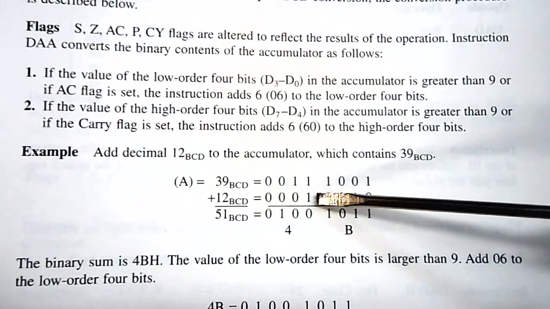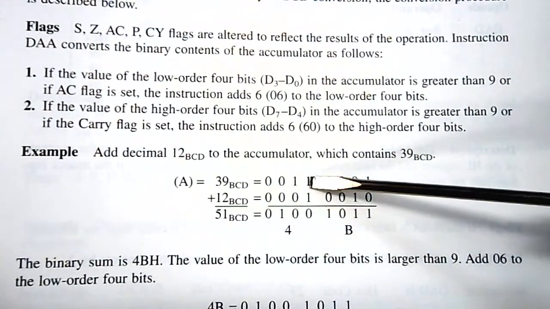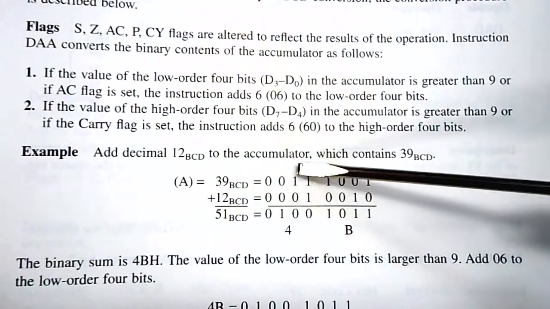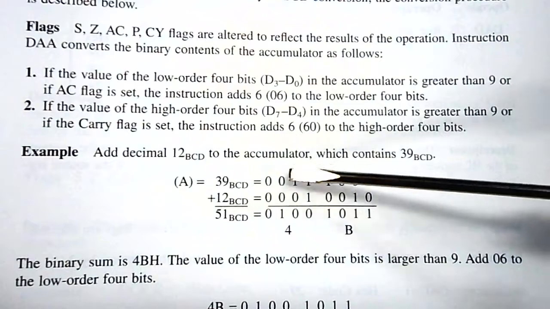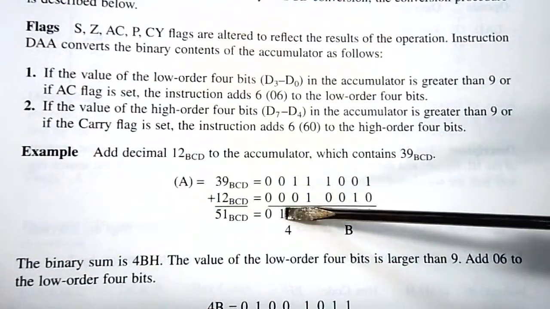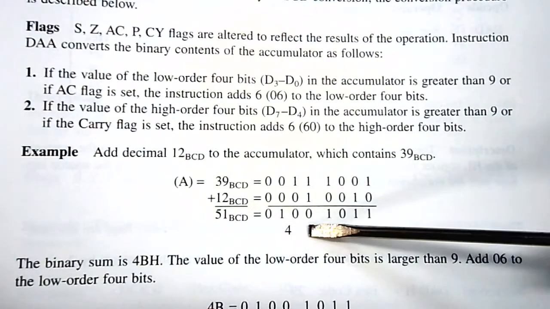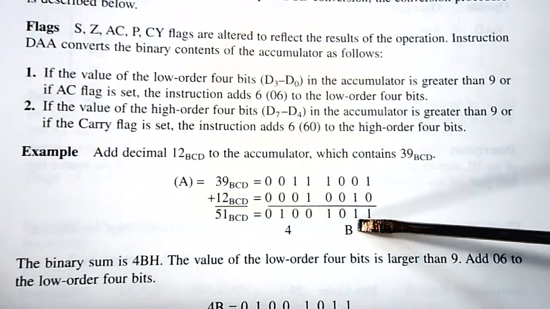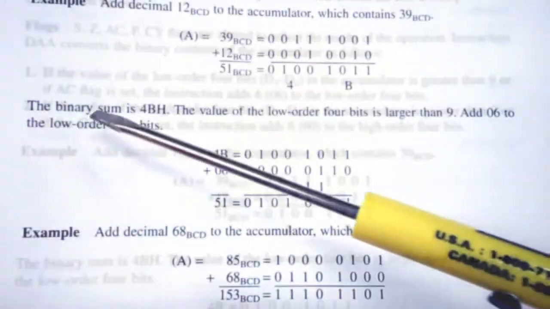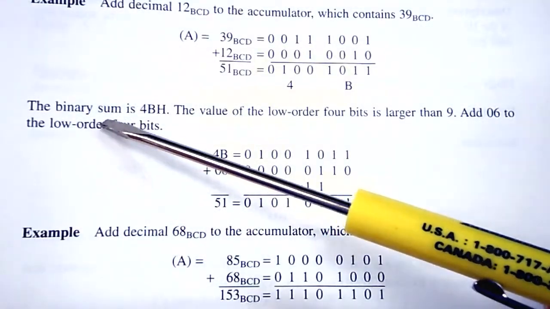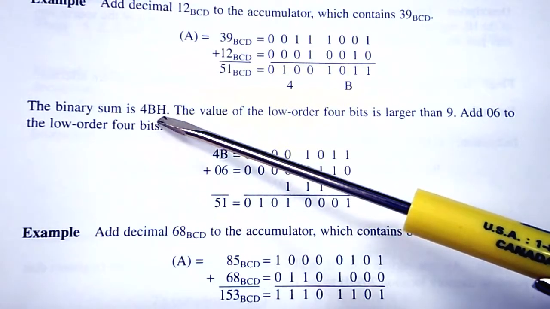So looking at the high order bits, we can see 1 plus 1 is 0, carry the 1. 1 plus 1 is 0, carry the 1, and then 1 plus 0 is 1, and then 0 plus 0 is 0. So on the high order bits, we can see we have the number 4, but on the low order bits, we can see we have the number B, and that's a hexadecimal number. So you can see here in your textbook, it says the binary sum is 4B in hexadecimal.